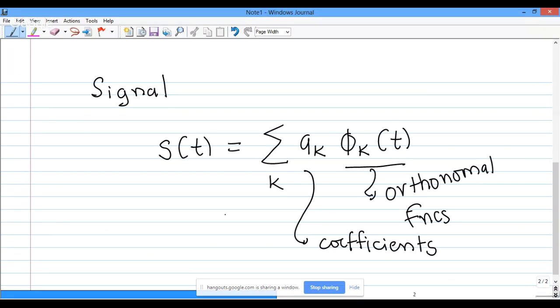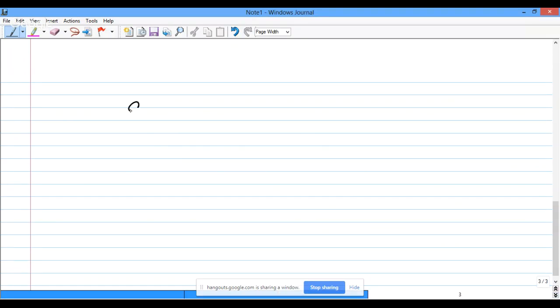Now I can also generalize this to this function.